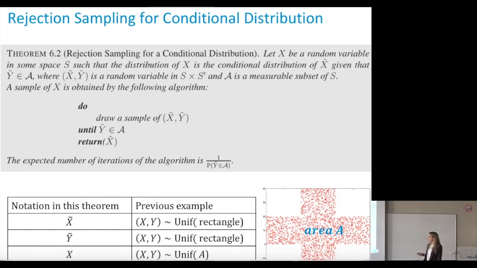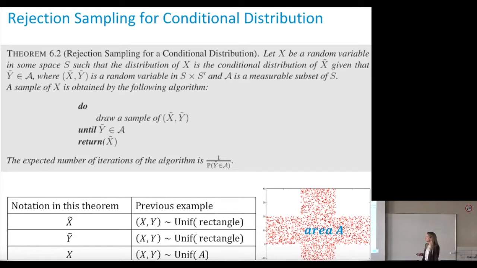And we will see now how this theorem maps to our previous example. The expected number of iterations until we finally have a sample of x is equal to 1 over the probability that y tilde belongs in the area A. So in the previous example, we first draw a sample of x and y uniformly in the rectangle. So here in the theorem, this corresponds to x tilde.